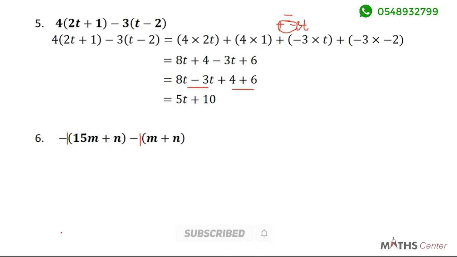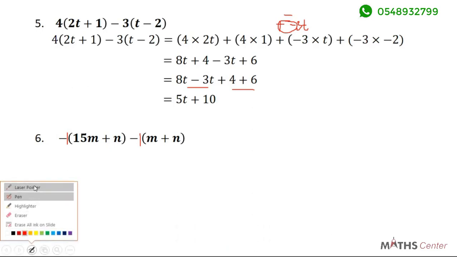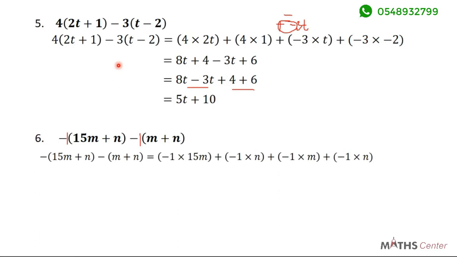So once again, we start by opening the first bracket. So we are going to get minus 1 times 15m in one bracket. Now we've closed this bracket, so we bring our addition sign. Then we move to the next one. Minus 1 times what is in the bracket here, which is n. So we are going to get minus 1 times n.